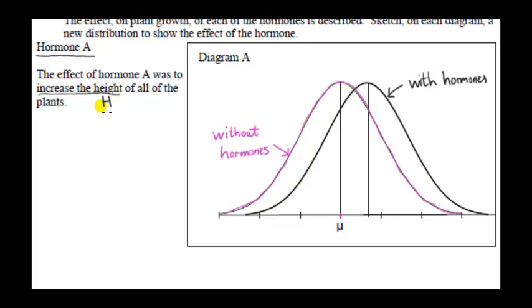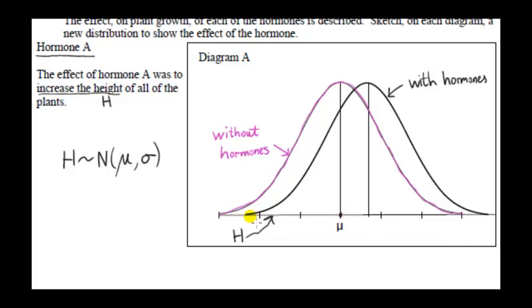So we call the height H. H is a random variable which is normally distributed with mean mu and some standard deviation that's not given in the question, but we'll call it sigma. All the heights are along this horizontal axis here, and they're distributed about mu. But this first growth hormone increases the height.